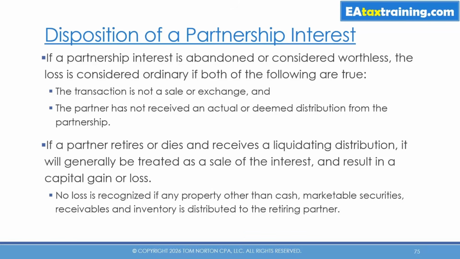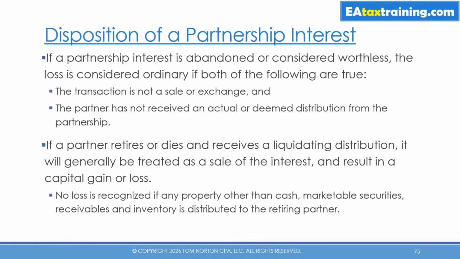So now the partners are just walking away from this business. They're not getting any distribution. They're not selling it to anybody. It's over. Well, they get to take an ordinary loss for any basis they have remaining in the partnership. So if they had $10,000 outside basis, business is now closed, they walk away, that is a $10,000 ordinary loss. So they can take that loss against their ordinary income.